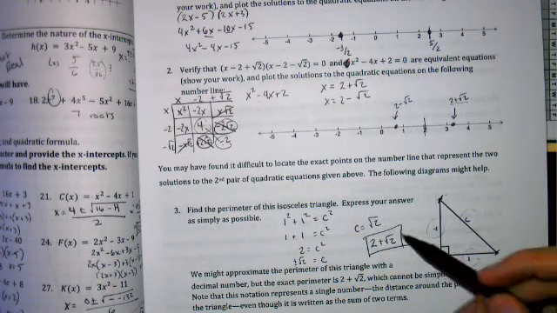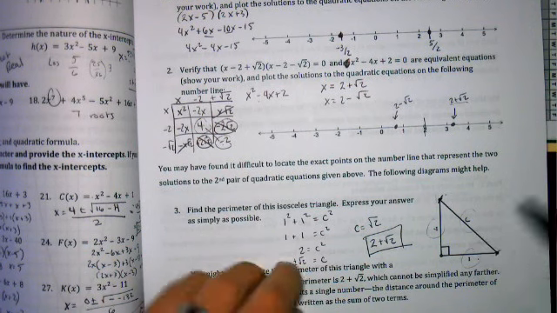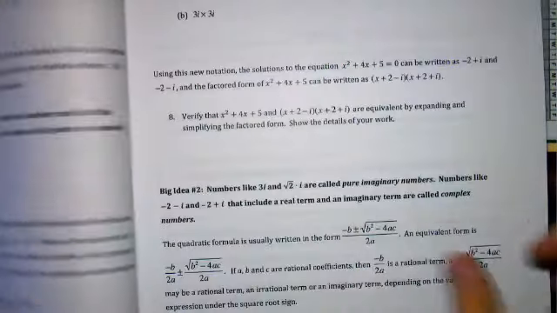So this expression actually represents a single value, or the way they say it, a single number. So even though we see two different things, we understand that this together makes one value. And we see them as a bundle. We see them together representing the perimeter of this triangle. Okay, let's keep going.